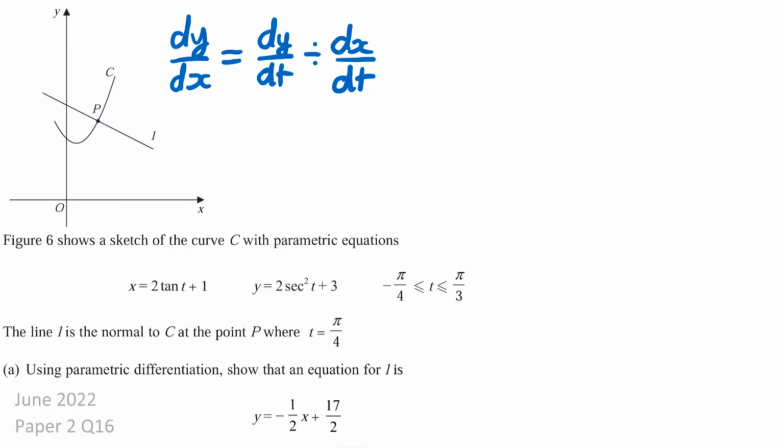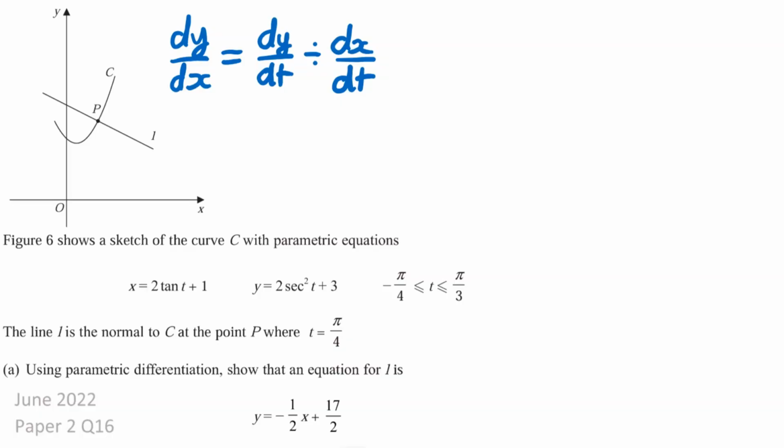And for part A, we need to use parametric differentiation to show that an equation for L is this here. So remember that L is a straight line, and to get an equation for a straight line you need two things. You need the coordinates of a point on the line, and you need the gradient. So let's first focus on the gradient.